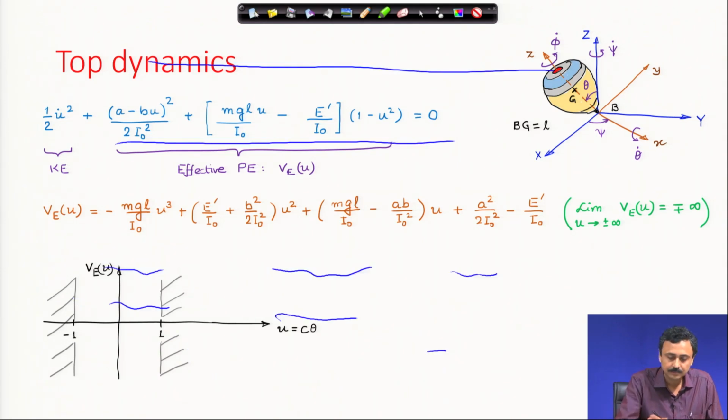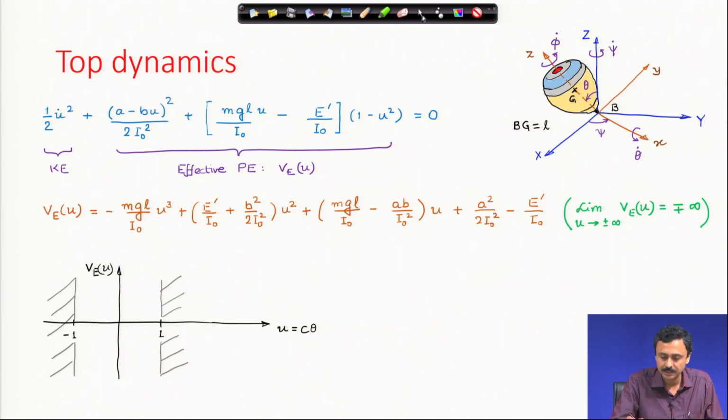Second thing you can notice is, if you evaluate the effective potential energy at plus 1 or minus 1, that means at these 2 points, you will get this expression (A minus plus B) whole square by 2 I naught square.